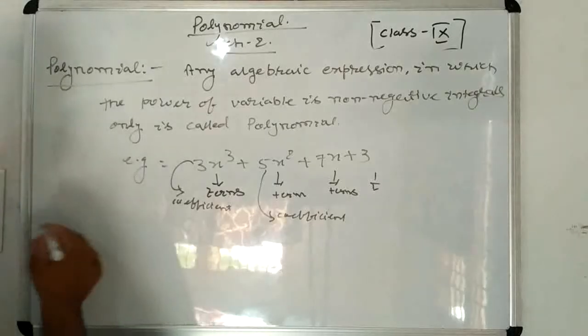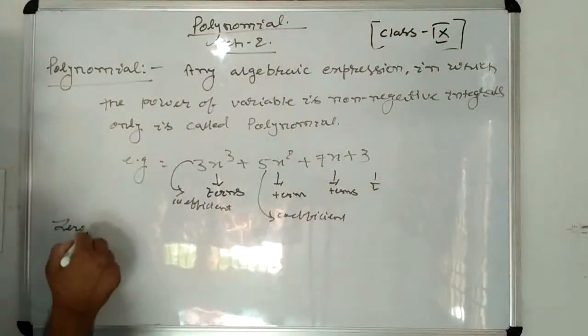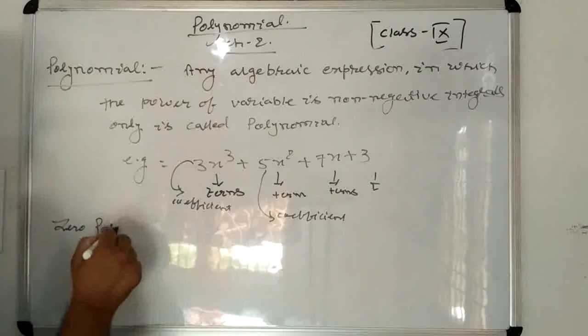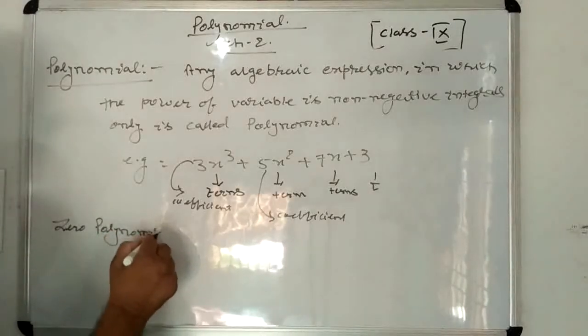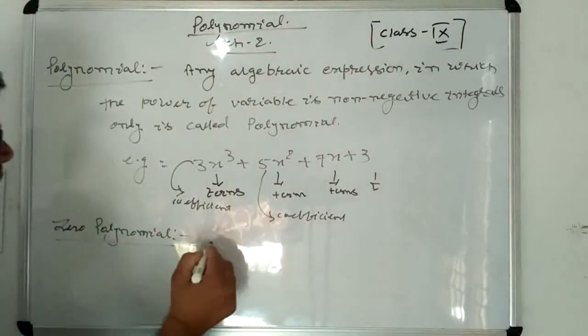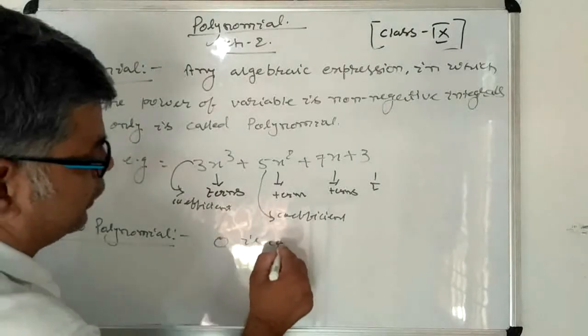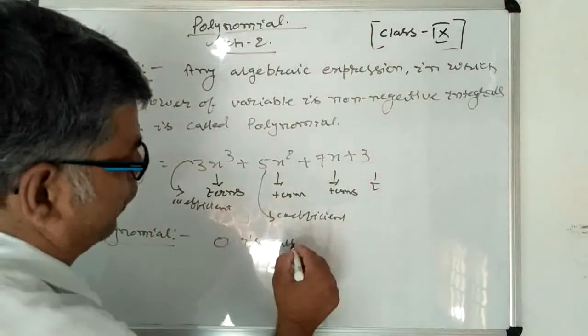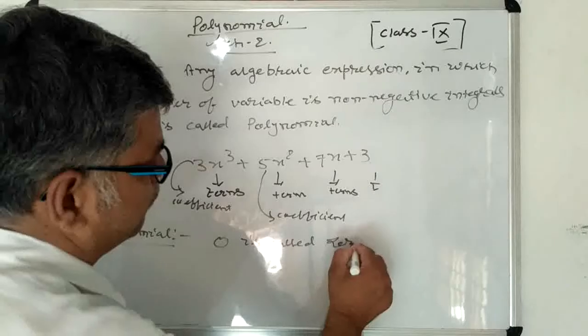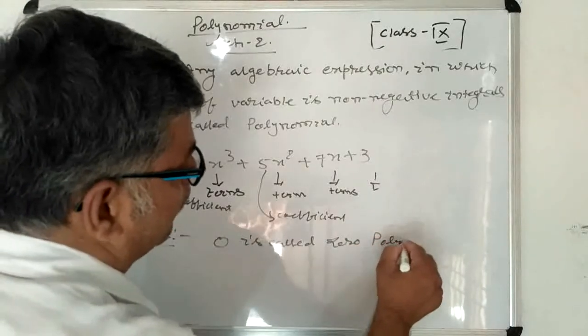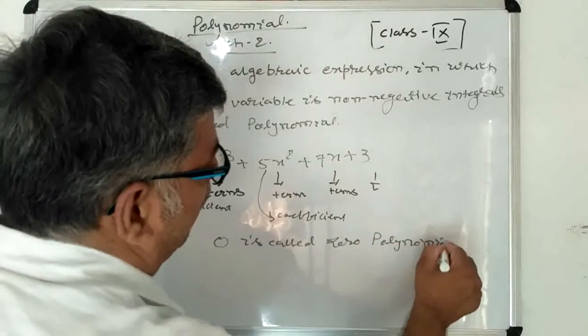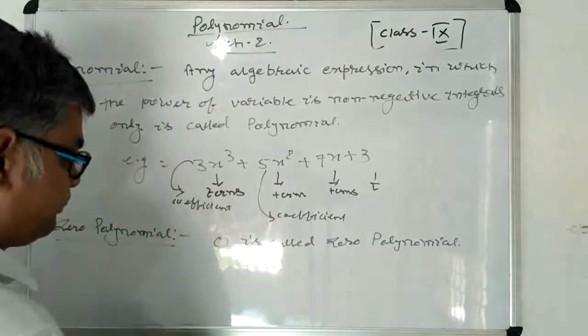And thereafter there are some different types of polynomial. Zero polynomial. Zero polynomial means 0 is called the zero polynomial. Okay. And one thing, degree.